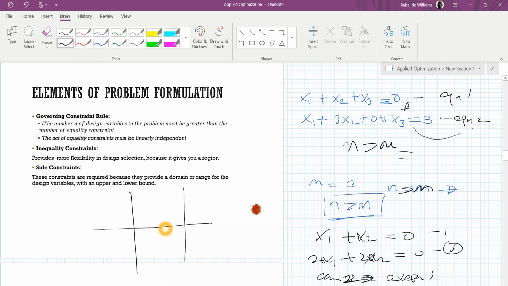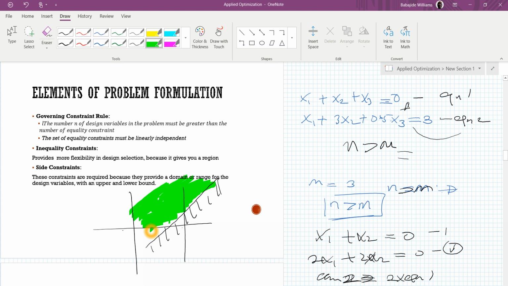But if I say less than, and I'm considering this side of the expression, all of this side is valid, which gives you more room for flexibility. So an inequality constraint provides more flexibility in design selection because it gives you a whole region to consider.